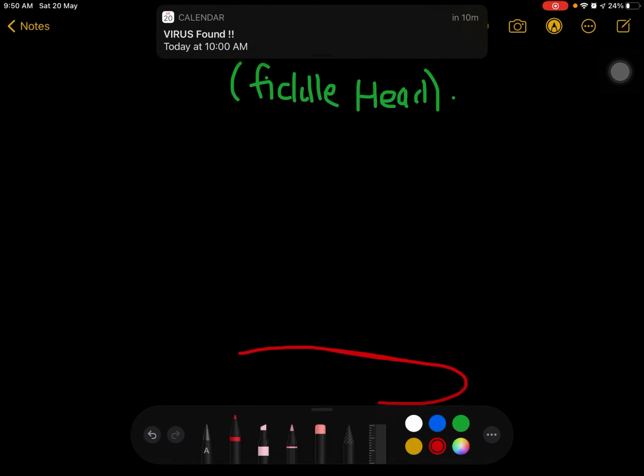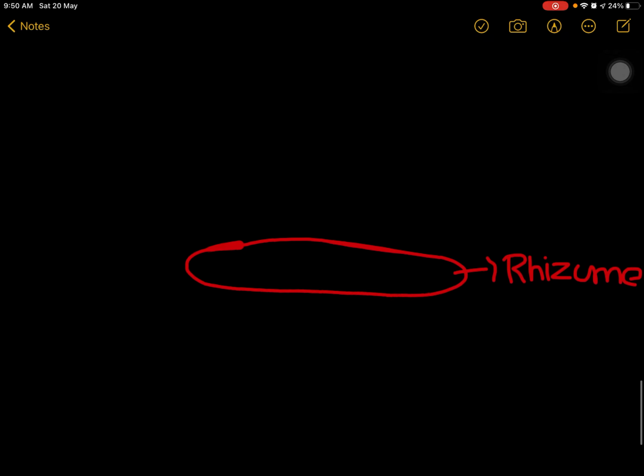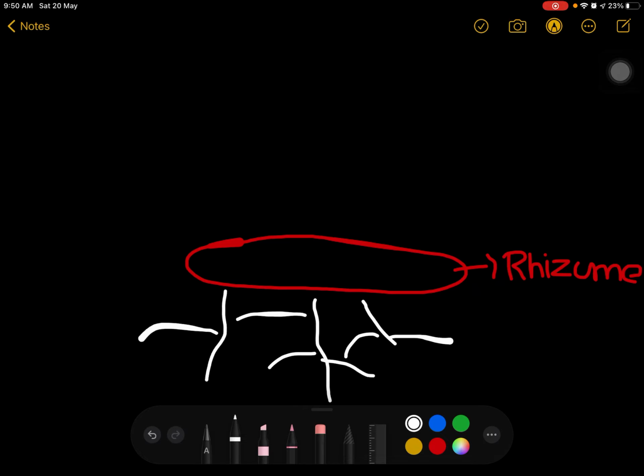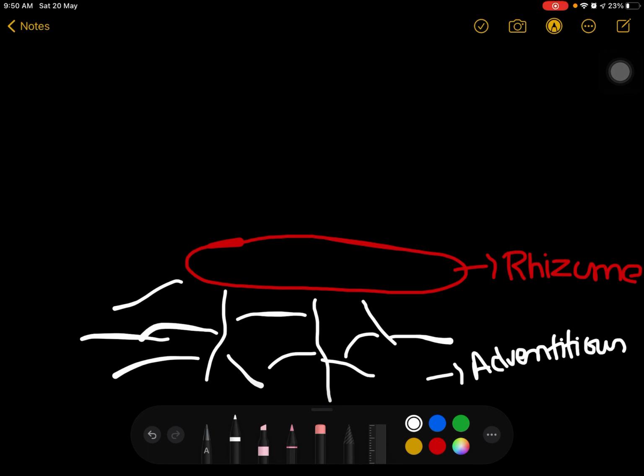Let's draw the picture of this. This is basically the rhizome, and from this, adventitious roots arise.